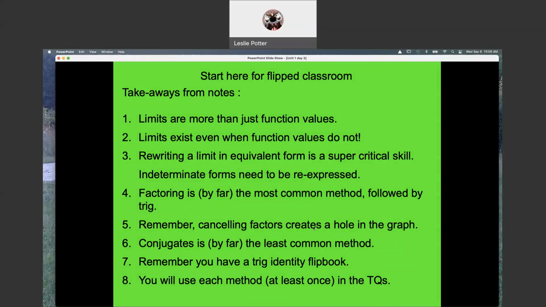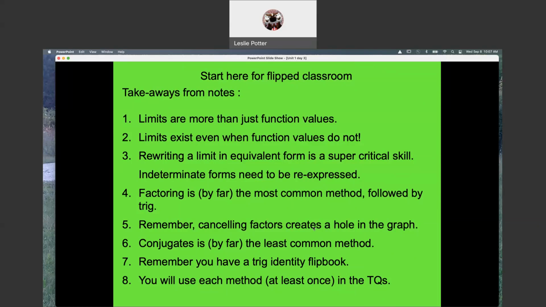Today, what we're going to be focusing on, the takeaways from the notes, is we know, and we can tell by our flow chart, and I have the flow chart up on the wall there. It's also in your note packet. We know that limits are more than just function values. If we have an algebraic expression and we can plug and chug and find a finite value, that's awesome. There's your limit. But it's more than that.